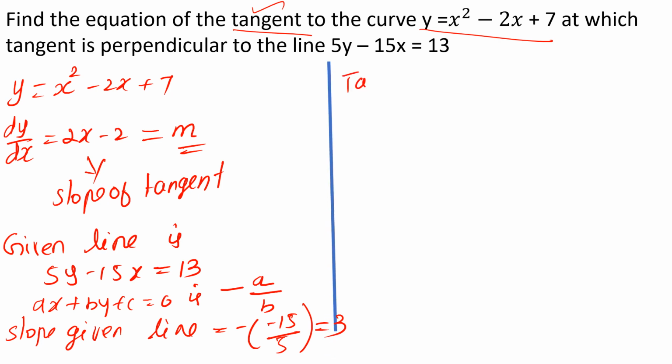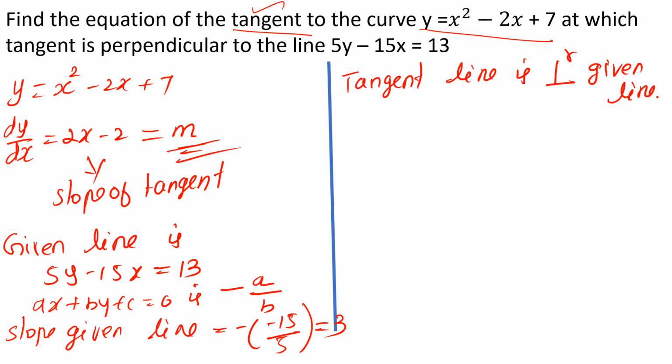Since tangent line is perpendicular to a given line, whenever two lines are perpendicular, product of their slopes is equal to minus 1. That is, slope of the tangent into slope of the given line is equal to minus 1.